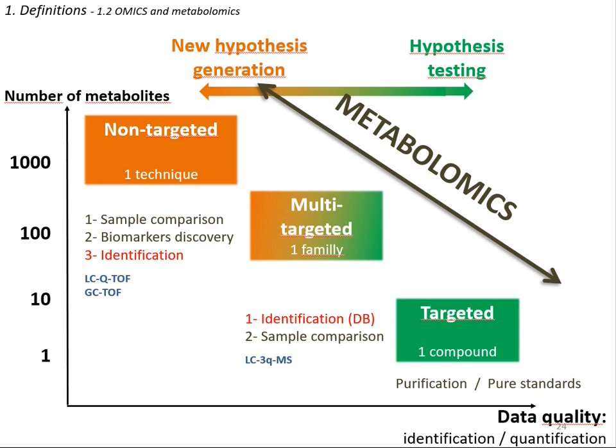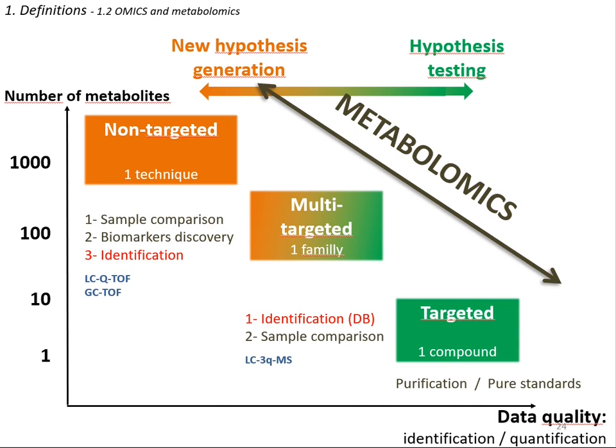It's important to mention also that the tools used are quite different. With non-targeted analysis, we will first compare the sample, then identify the biomarkers. The type of machine that can be used are LC-Q-TOF, Orbitraps, or GC-TOF, so mostly with high-resolution mass spectrometry.